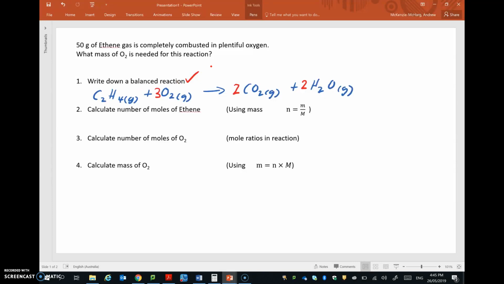Step 1 is complete. Let's leave the reaction for now and use our known mass of ethene and this equation here to find how many moles of ethene we have. So pause the video and try that, then I'll do it.